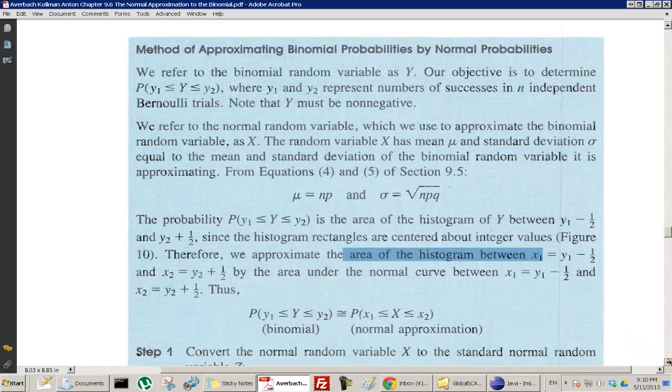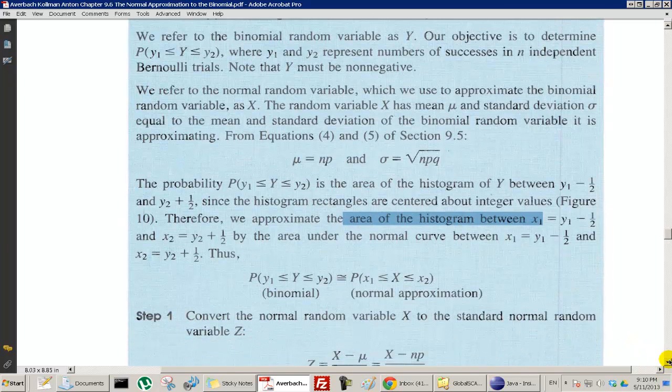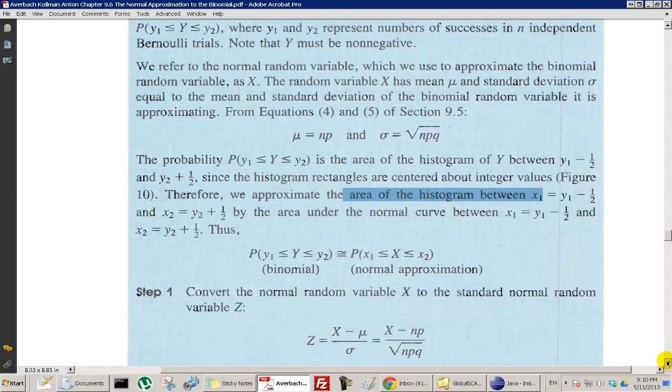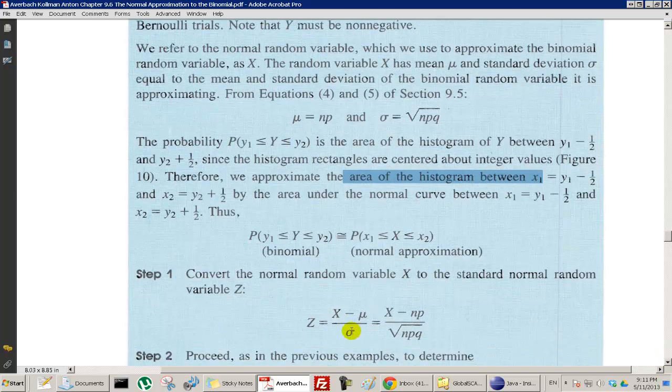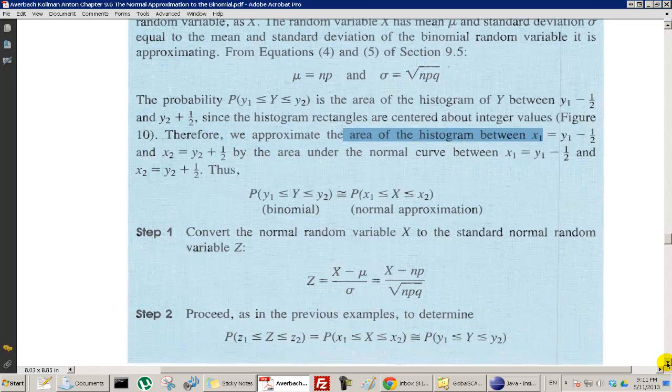So step 1: convert the normal random variable x to the standard normal random variable. This we already know how to do. We just take x minus mu over sigma, and in this case it's x minus np over this, and then proceed as in the previous examples, meaning look it up in the table.